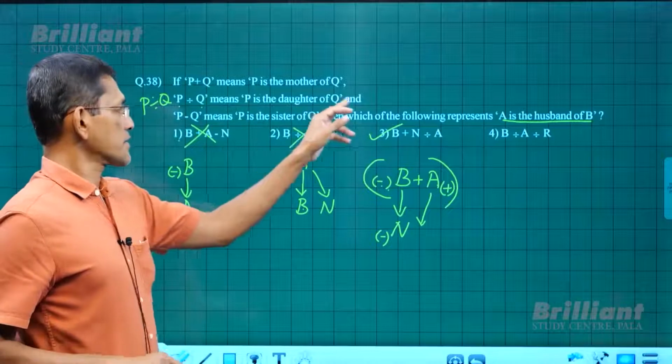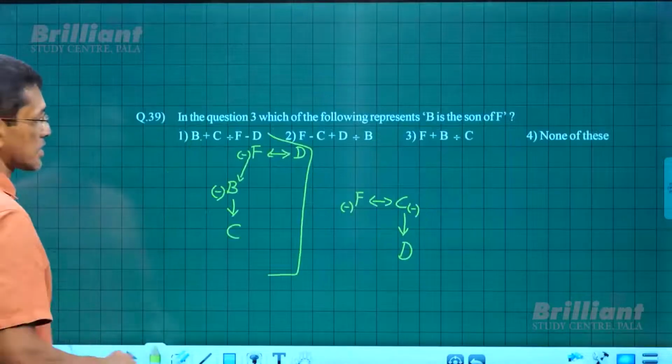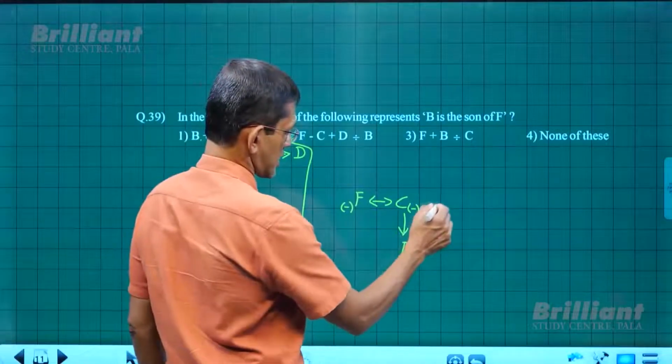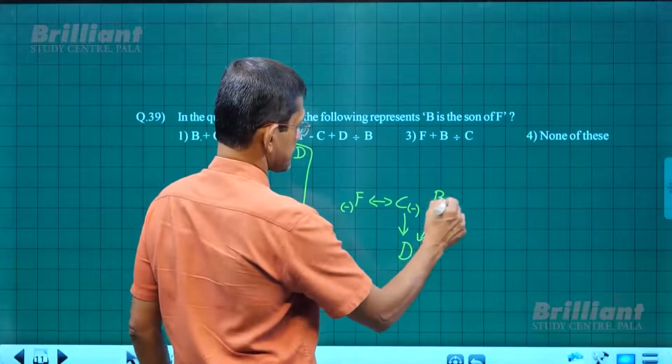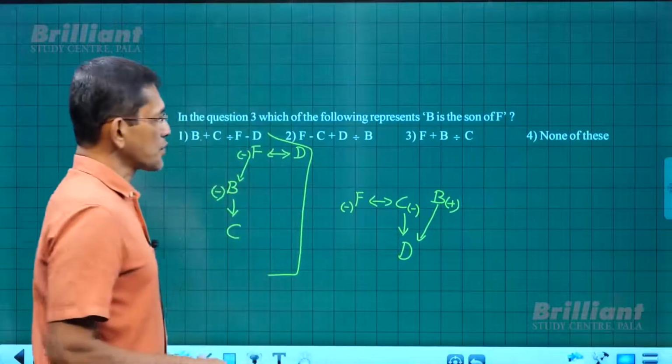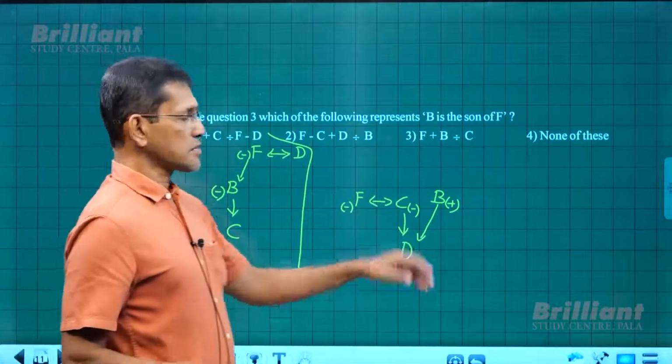D is the daughter of B, right? So D is the daughter of B. So that means B is the father of D. So in this case, B cannot be the son of F.